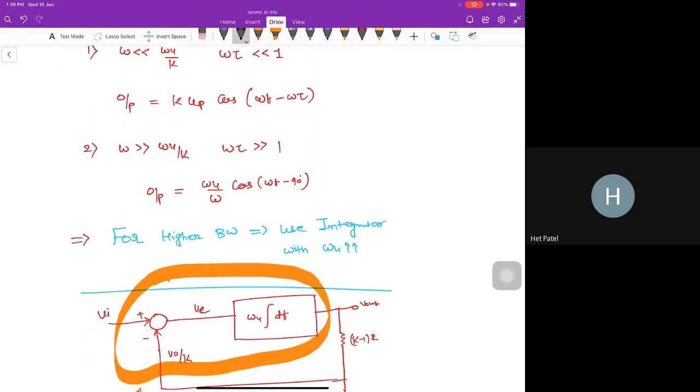There is a boundary line. That's the loop gain UGB setting, and loop gain is what? G into H. Suppose I am taking the worst case, H is 1, that means the loop gain is only G, and that is my feed forward transfer function, and that is the op-amp. And this omega u that is making the boundary is the UGB of the op-amp.